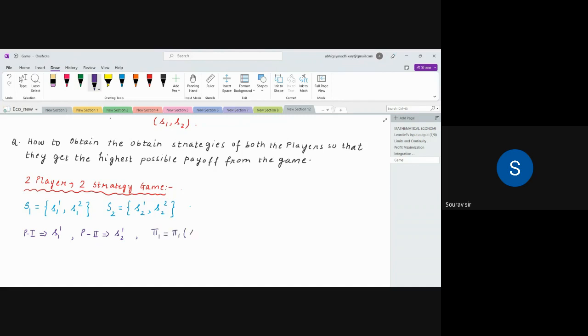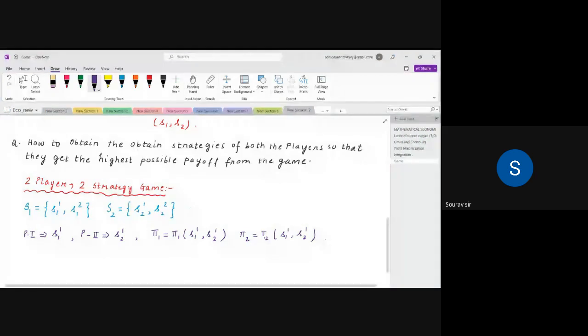It would be a function of S11 and S21, and player 2's payoff would be pi 2 of S11 and S21. Can any of you tell me the total number of strategy combinations in which the two players can operate? How many possible scenarios can happen?